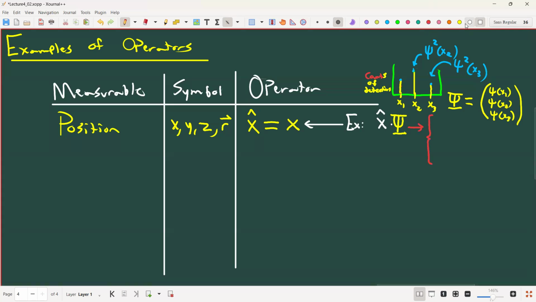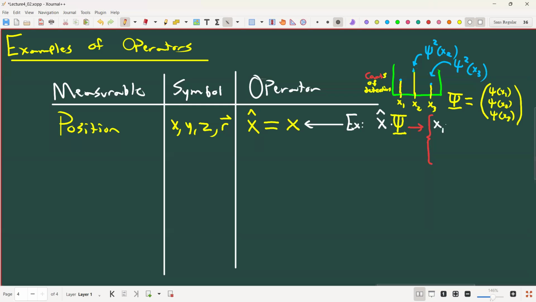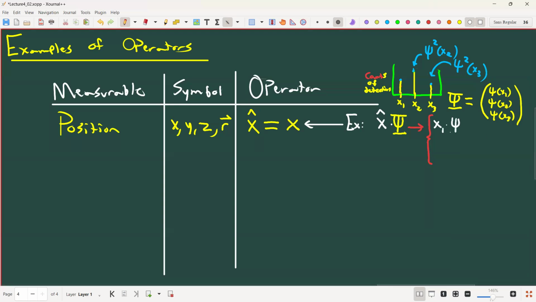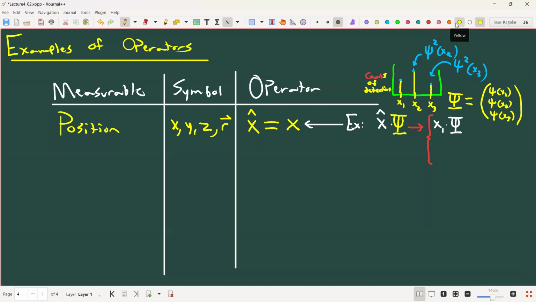One, it might return the position X1. Maybe the particle is at X1 when we measure it. So it's going to return X1 times the wave function. This is if we measure the particle and it's at X1. It's going to return X1, and it will do it with probability psi squared of X1.